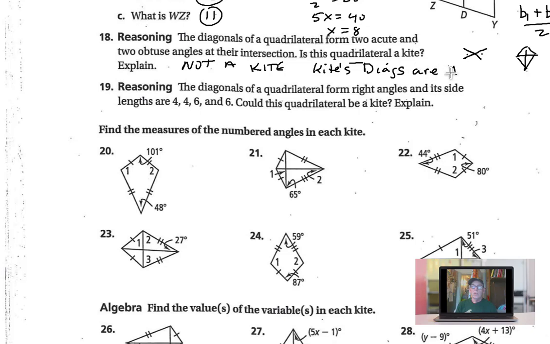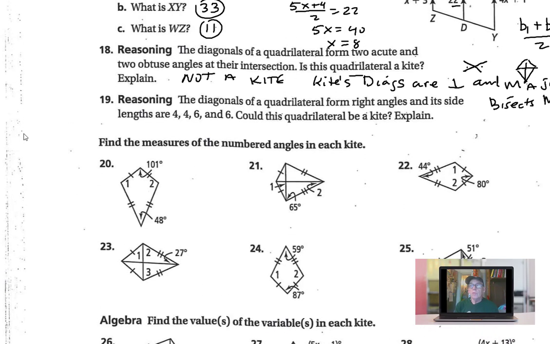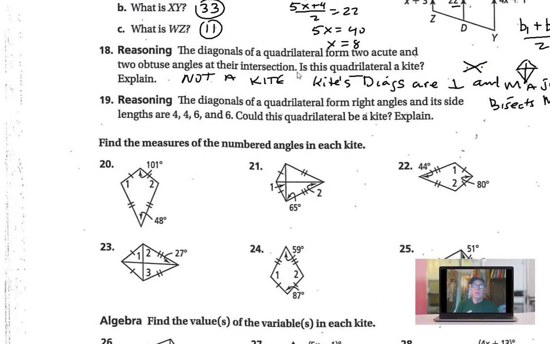Okay, so we didn't have to worry too much about that one once we realized they were talking about a kite. Otherwise, the way to do it would be to draw a diagram and then try to look for some cases.